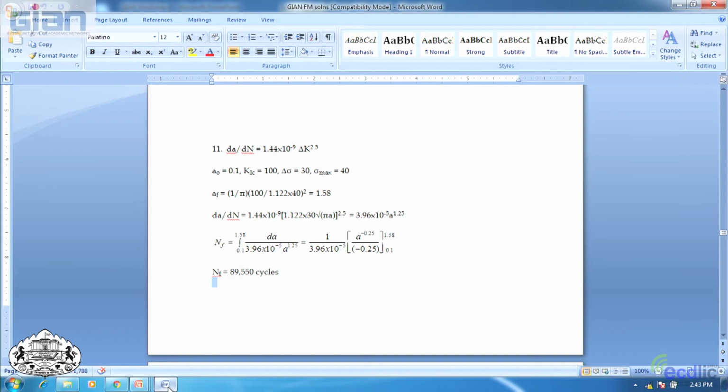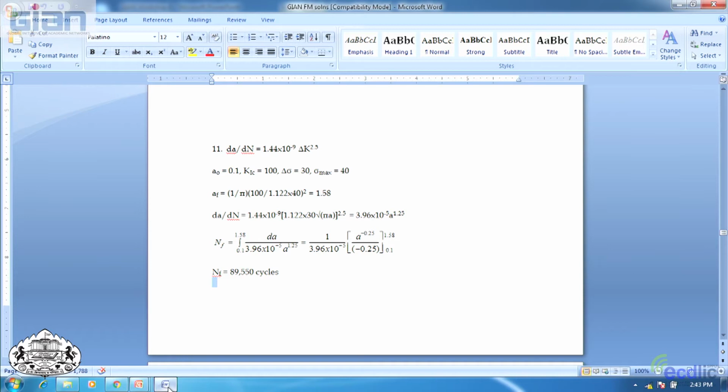So a to the minus 1.25 integrates to a to the minus 0.25, and then you divide by the exponent, and then evaluate it at the two limits, and I got about 89,000. I don't know, did anybody get anything close to that? No?